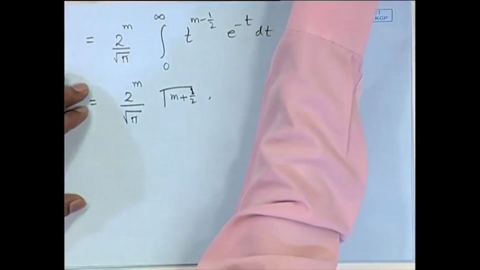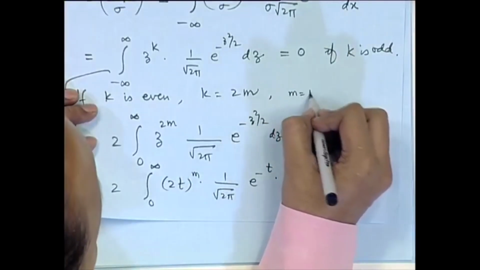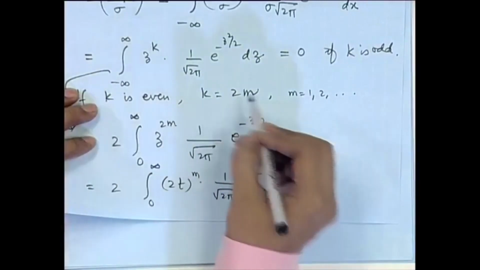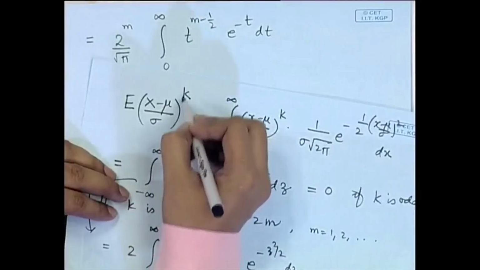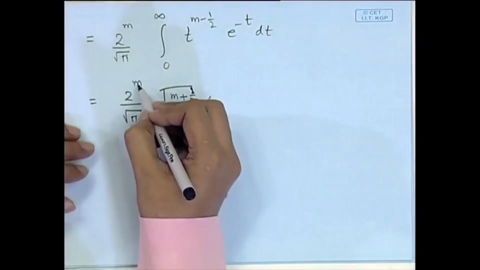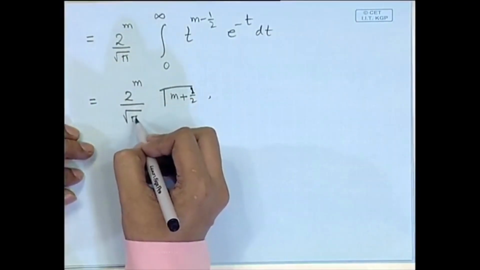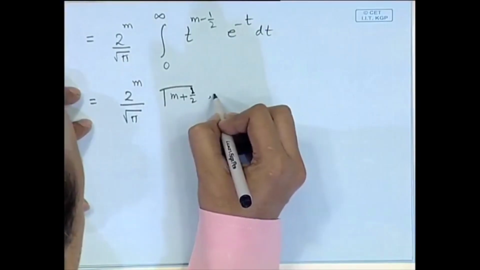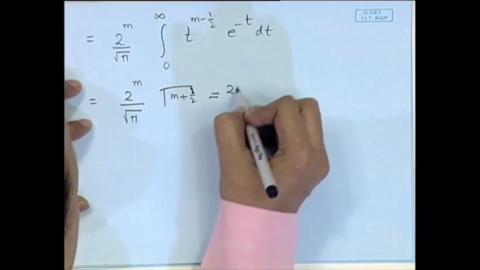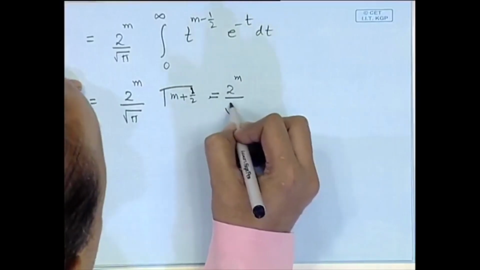So, if m is any integer here, m equal to 1, 2 and so on, that is, k is an even integer, then the expectation of (x minus mu by sigma) to the power 2m is given by 2 to the power m by root pi gamma of m plus half. Of course, we can further simplify this to write in a slightly convenient looking form.